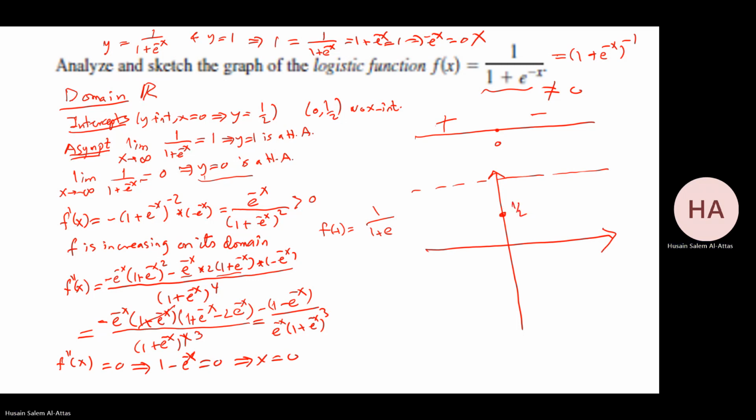This is half. The function is increasing all the way. It's concave up, then after that it will be concave down. As x goes to infinity, it goes to around 1.